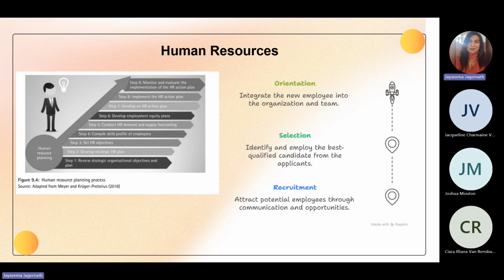Okay, and then in terms of selection, recruitment, and orientation, when employees enter your company, they are either new to the job market or they come from previous institutions, right? If you are working and you think of yourself, you are part of your organization. You are part of a culture. You are used to doing certain things.